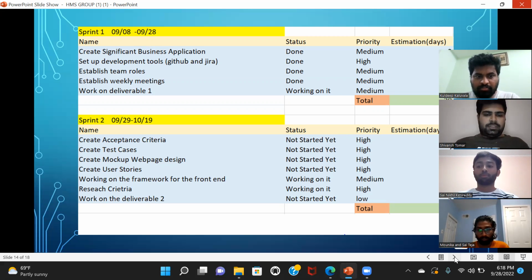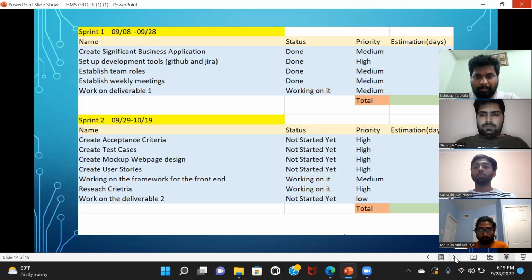As you can see in this sprint 2, for the high priority work we have allocated 2 days, and for the low priority work, we have allocated 5 days.